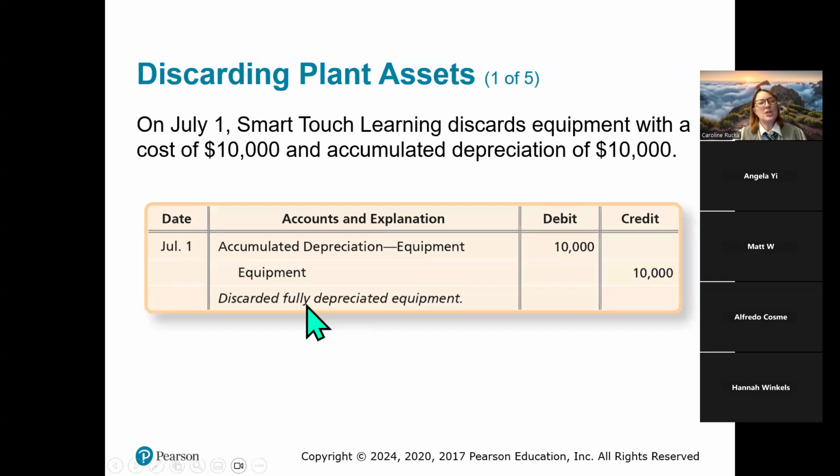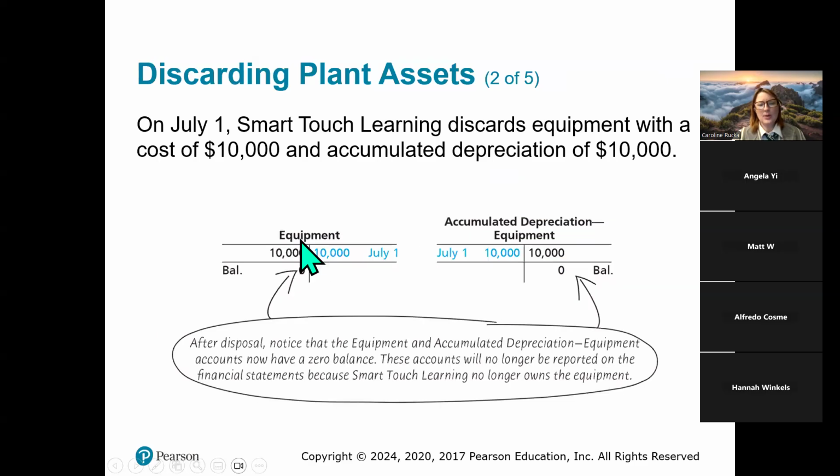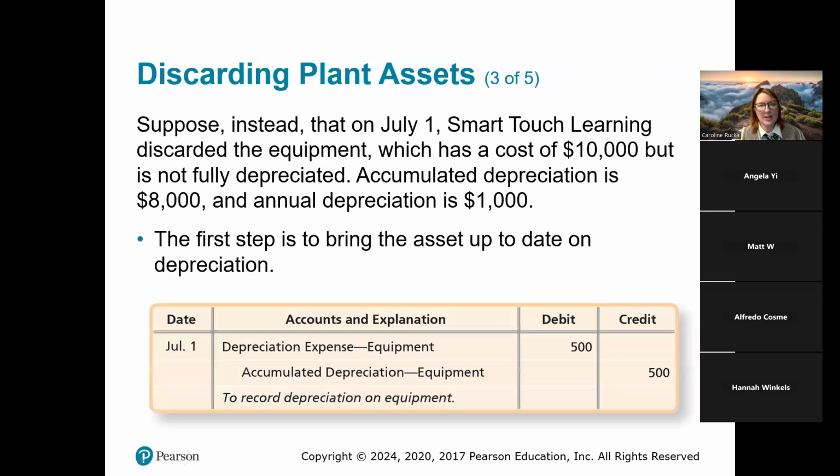So on July 1st, Smart Touch Learning discards equipment with a cost of $10,000 and accumulated depreciation of $10,000. So the journal entry: accumulated depreciation, 10,000; equipment, 10,000. We're getting rid of that equipment now. This is what it looks like in a T account, basically the same transaction.